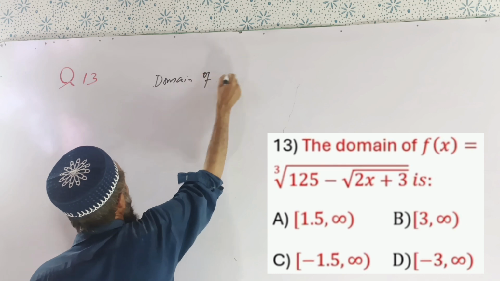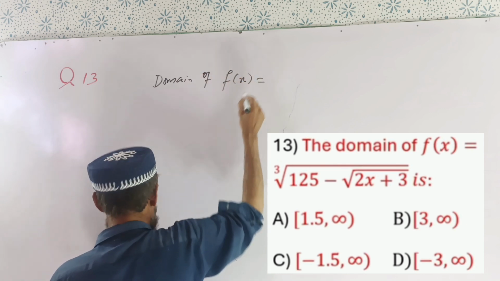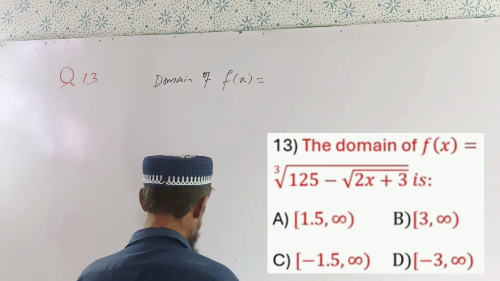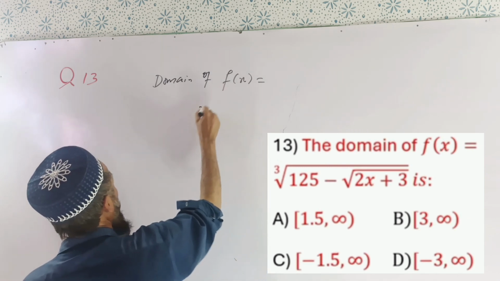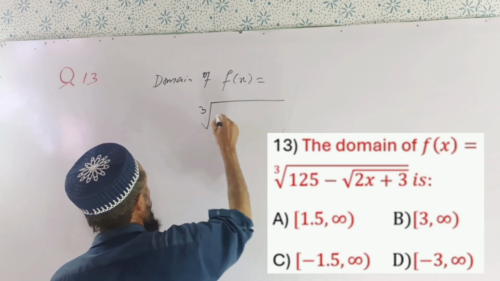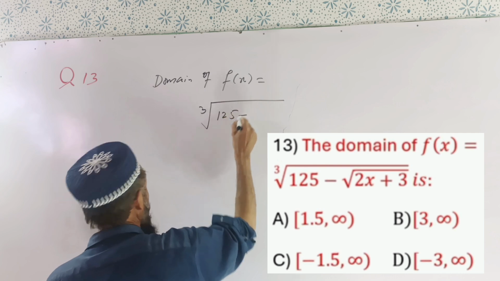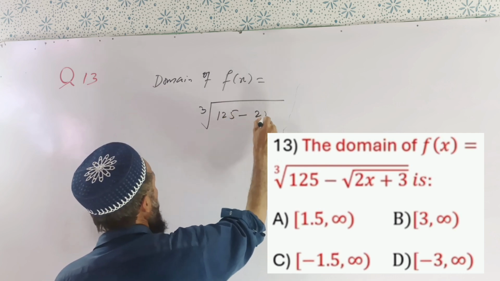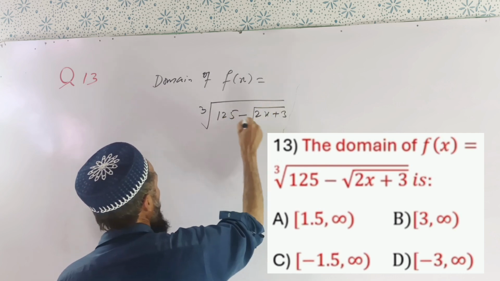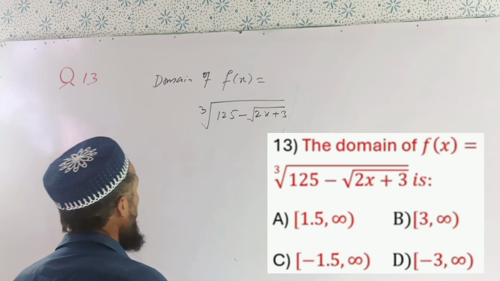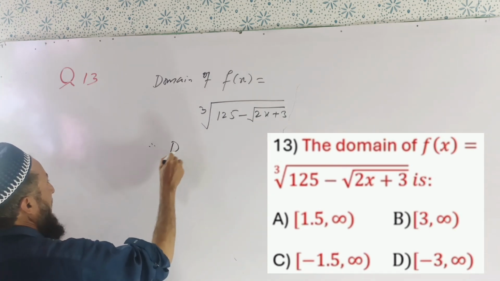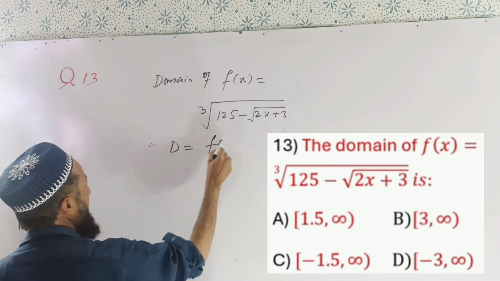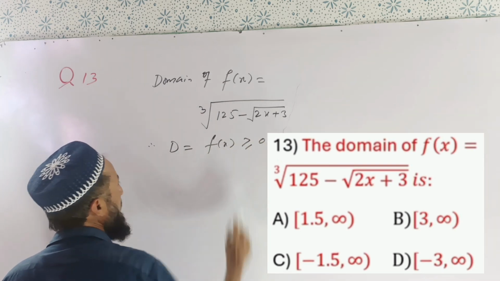Domain of the function f of x is equal to the cube root of 2x plus 3 under the root. So for the domain, the first condition we are checking for the domain of any function f of x is greater than or equal to 0.